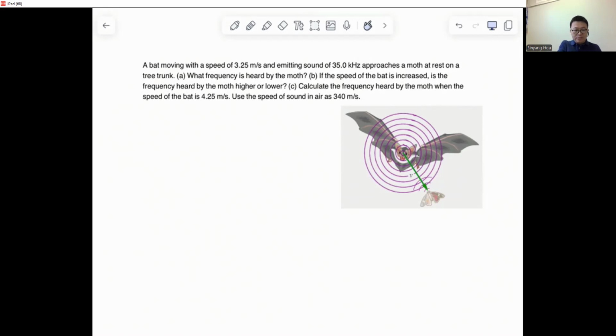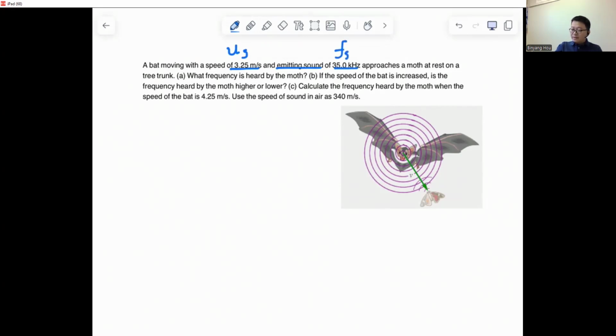Okay, that's kilohertz, so we need to take note of that. This is the source moving, so U_S, and this is the frequency of the source.